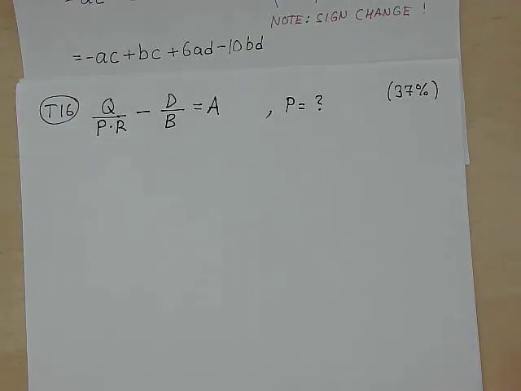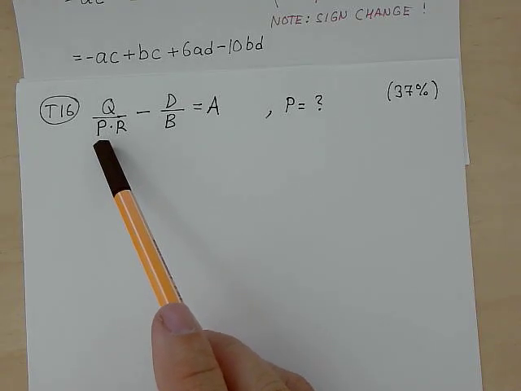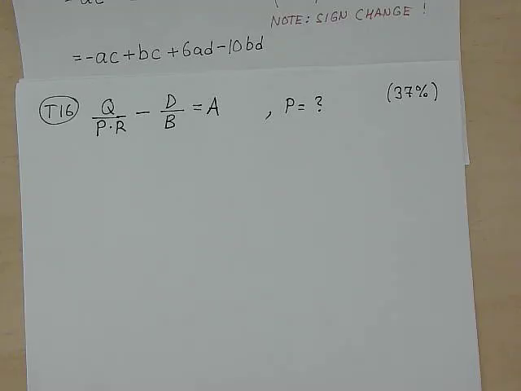What is b? So this other line, then multiply PRB and divide PRB. Then PRB, BQ minus PRD.